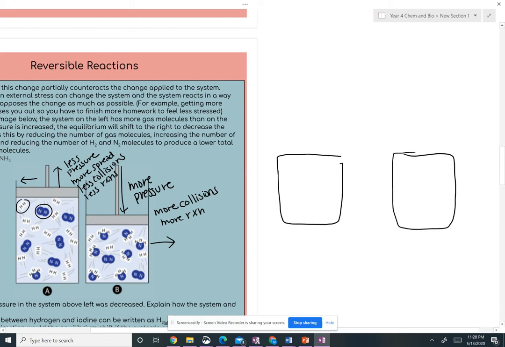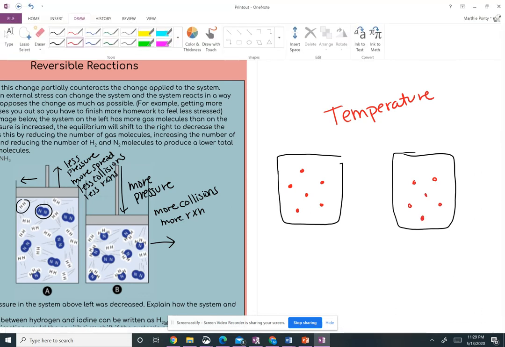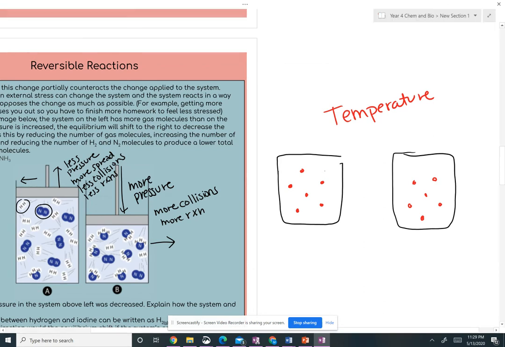So I'm going to draw two beakers and write temperature on here. I have some of these molecules in here and they are floating around.